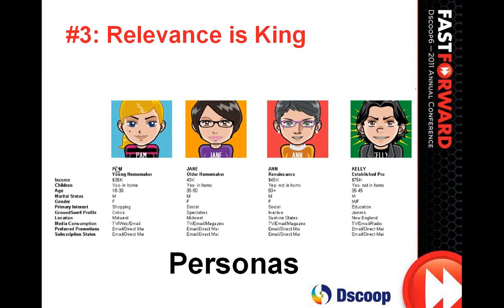So this persona here, Pam, represents a number of individuals in the data file that have similar characteristics, whereas Jane represents another group of individuals.